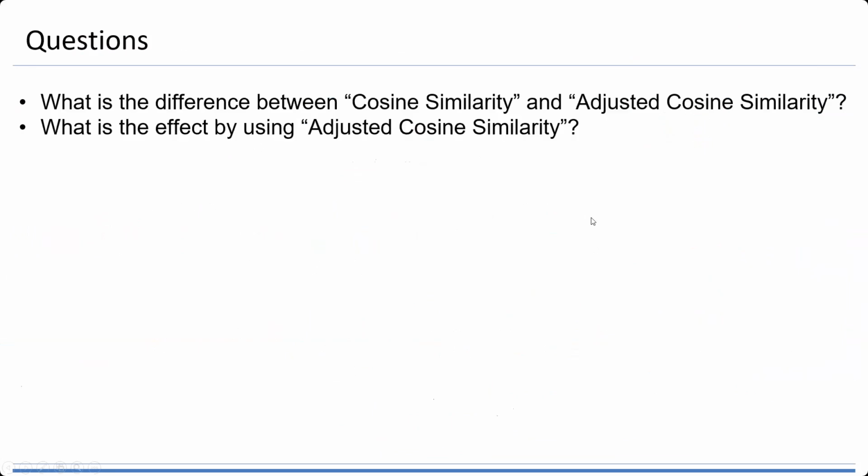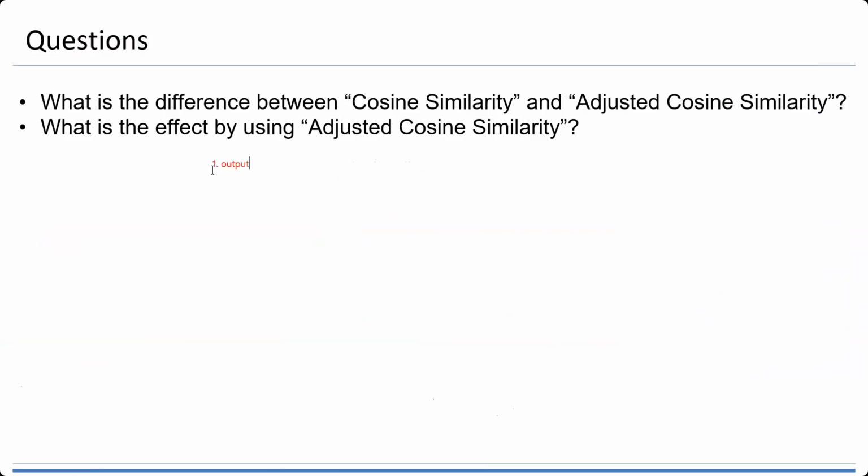Question. What is the difference between cosine similarity and adjusted cosine similarity? The output range. Okay.